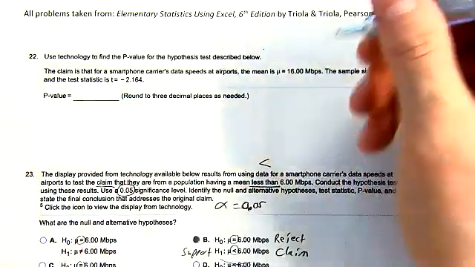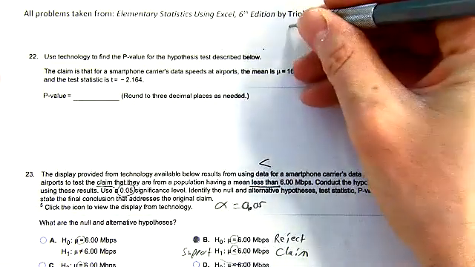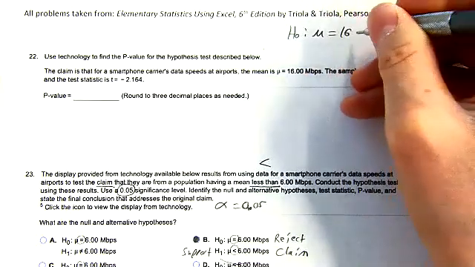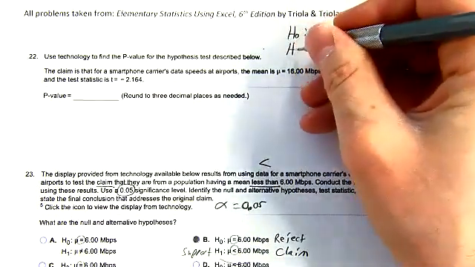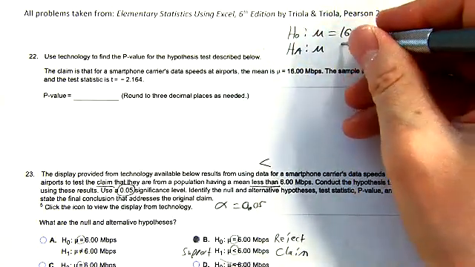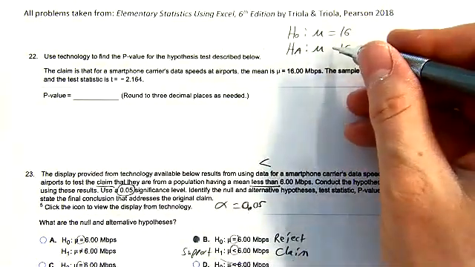So they are saying H0: mu is equal to 16. The alternative is that mu, so if this is 16, this is 16. If this is mu, this is mu. The question is what symbol goes in between these two.